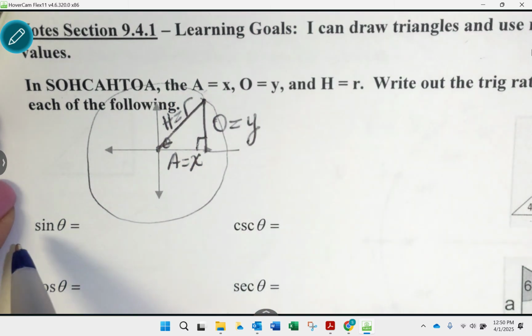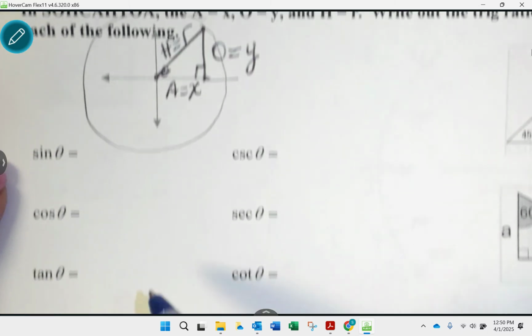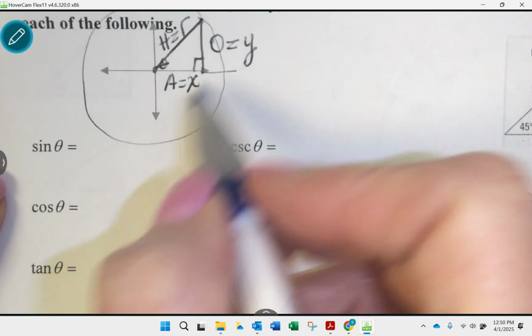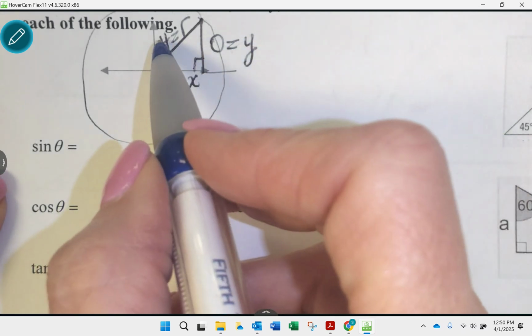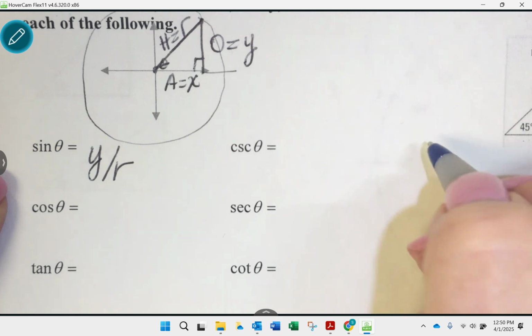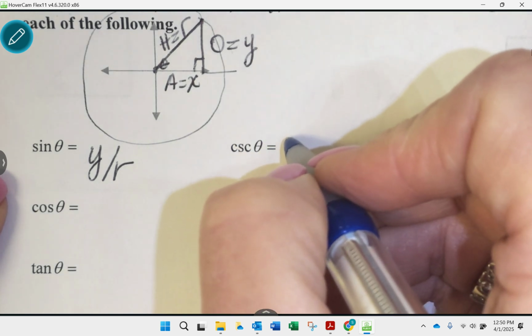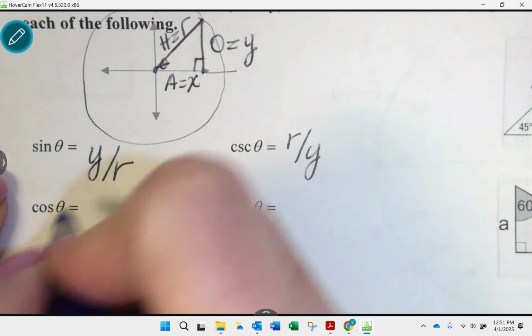So in terms of x, y, and r, we want to write the sine, cosine, and tangent. And we've done this before. The sine is opposite over hypotenuse, but now we're going to think of it as y over r. Well, the cosecant is just the reciprocal, so what's it? And cosine?